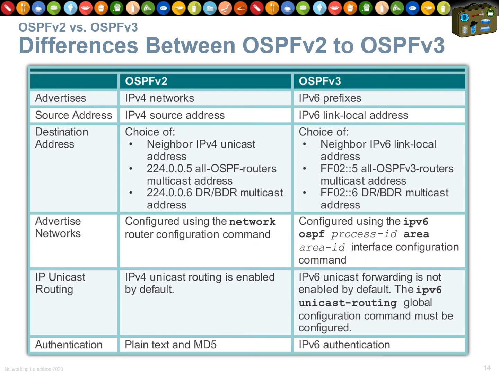Differences between OSPF version 2 and OSPF version 3. Now, thankfully, these differences and similarities are exactly the same as the similarities and differences with EIGRP. Have a look at your 224.0.0.5 and 224.0.0.6.